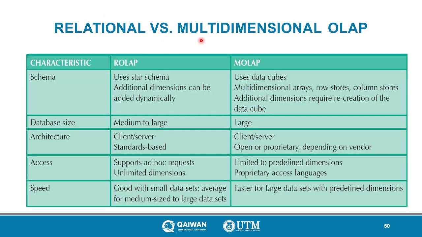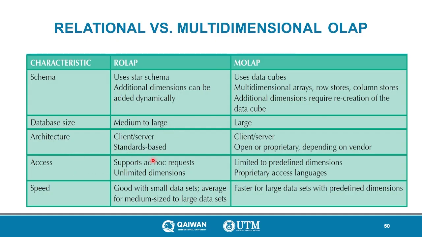Now we have relational versus multidimensional OLAP. For the schema, relational uses the star schema, but MOLAP uses a data cube. Database size is medium to large for relational, but multidimensional is a very large database size.